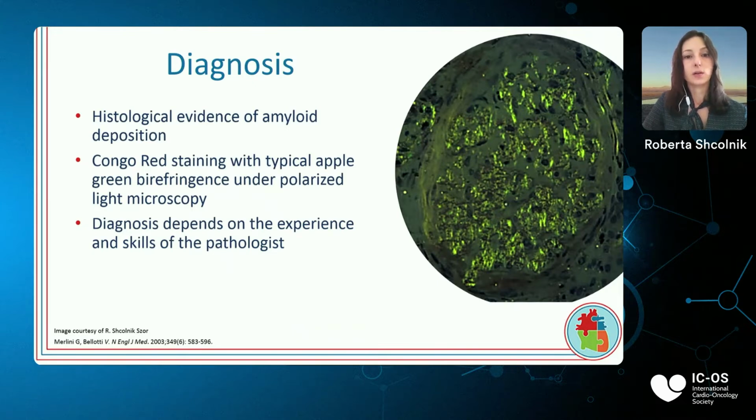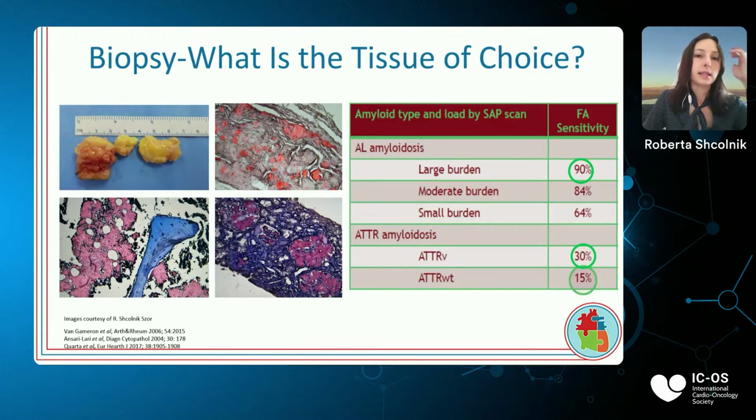The diagnosis depends on the experience and the skills of the pathologist, and it's not infrequent that we face patients with a negative exam, and when a pathologist with more expertise looks at this specimen, he or she finds the amyloid material. And which is the best site to perform a biopsy?